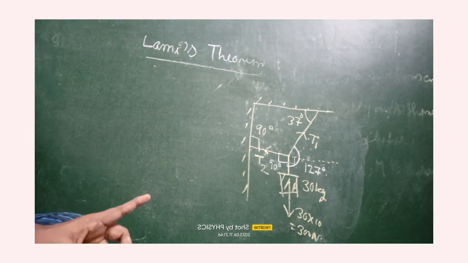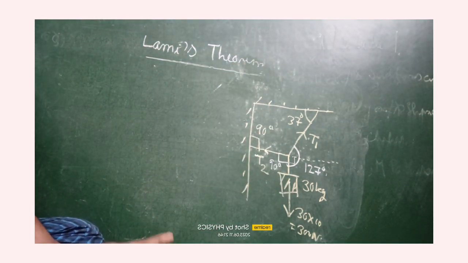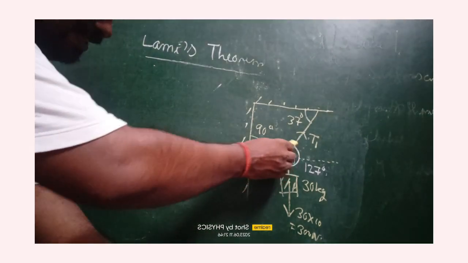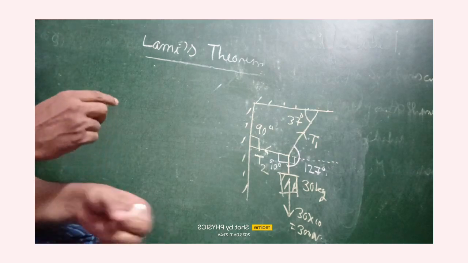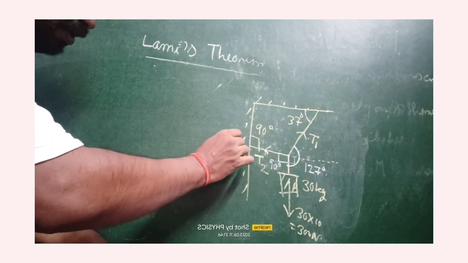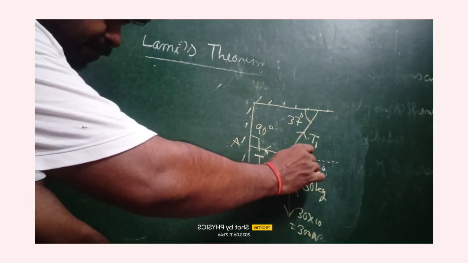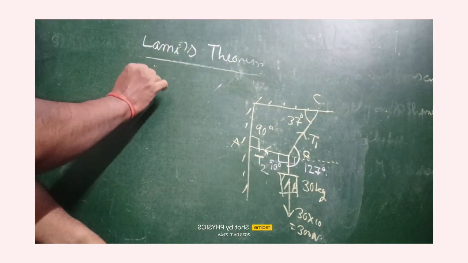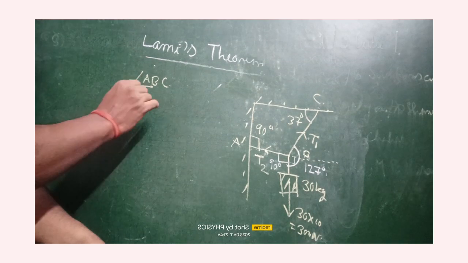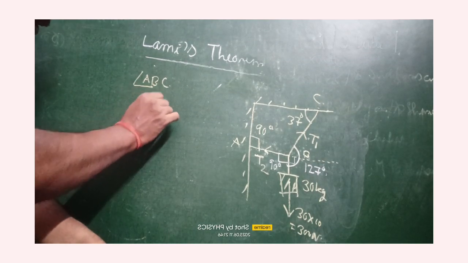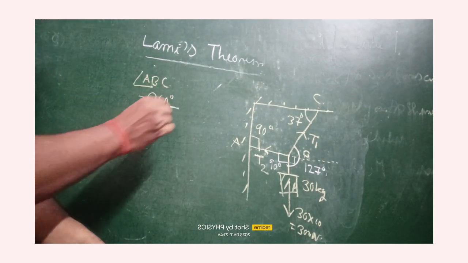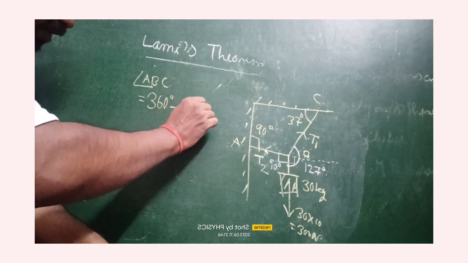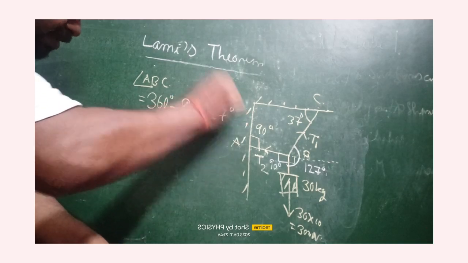Now one angle is remaining. How to find it? The total is 360 degrees. So naming it A, B and C, angle ABC is equal to 360 degrees minus 90 degrees minus 127 degrees.